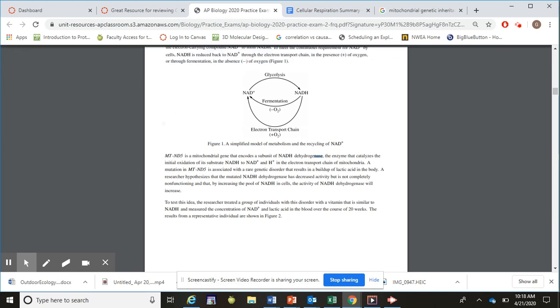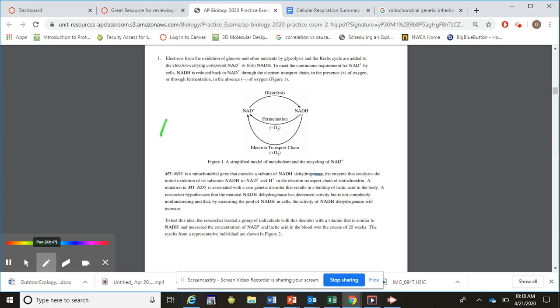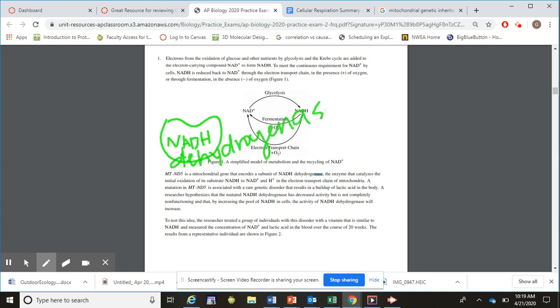So if we have the NADH dehydrogenase, it's a really long word, that would be your enzyme. The substrate that would fit into it, we'll make that a different color, is NADH.